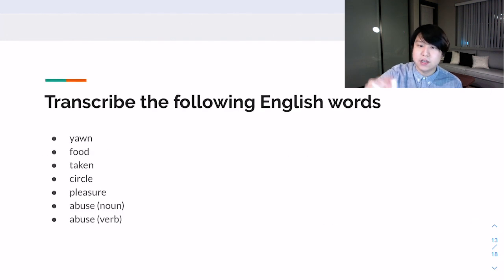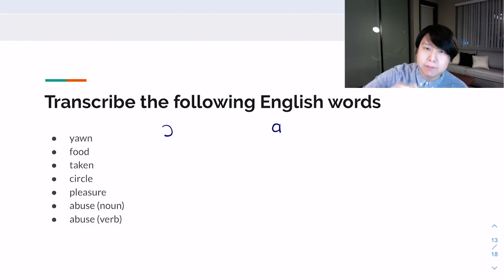Next page. Transcribe the following English words. Yawn. Again, it's a vowel that rhymes with law, so it should be open O, but in some dialects it will be the low back vowel ah.